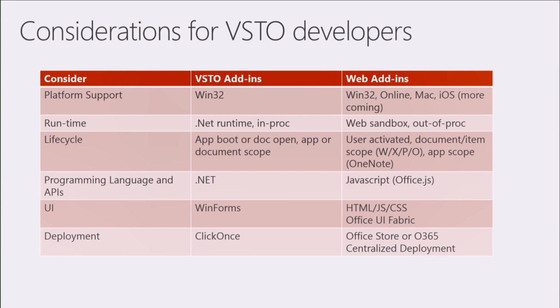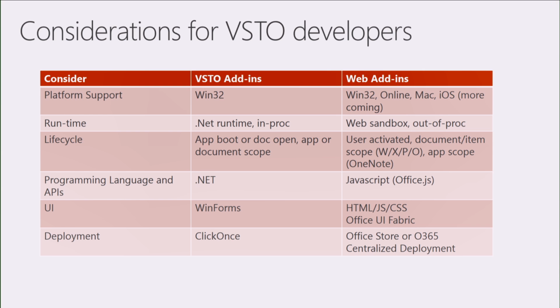Some considerations, if you are moving from a VSTO project to a web add-in project, we saw the multi-platform is one of the big benefits. In terms of runtime, you were used to .NET as the runtime. Everything runs in proc. In the case of web add-ins, the runtime is a web sandbox where the browser control is basically running your code.